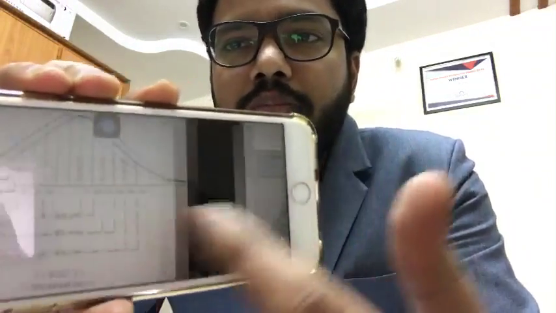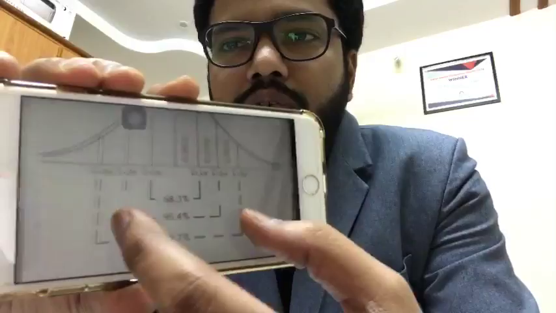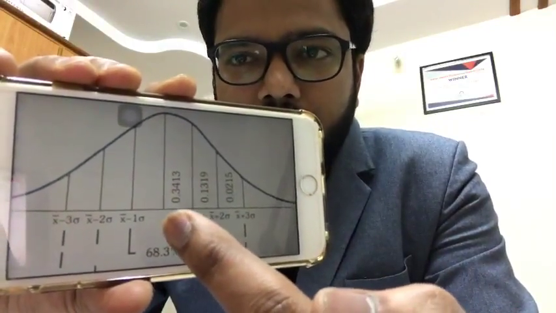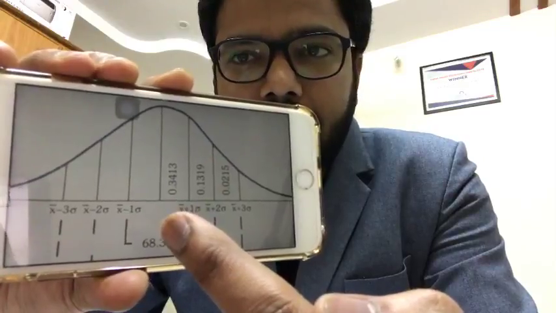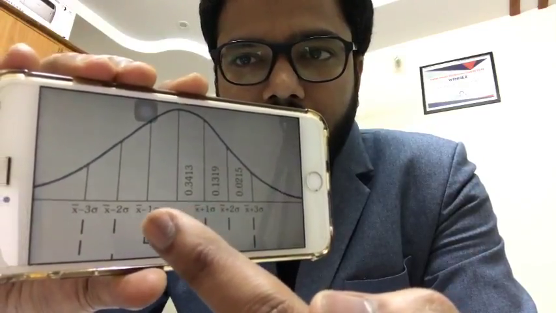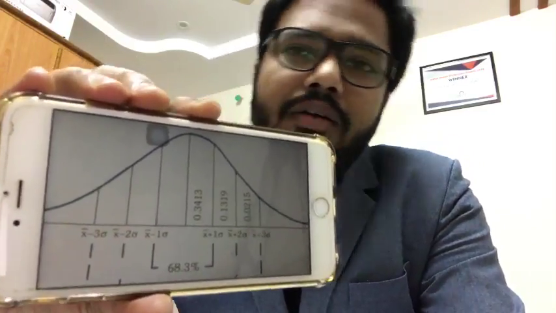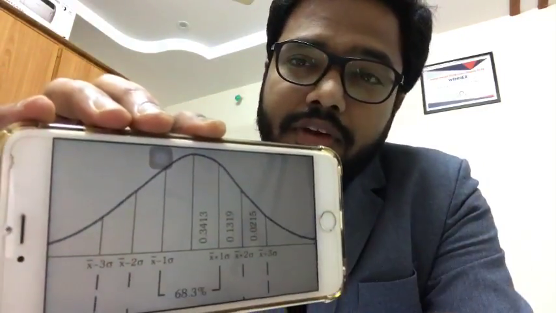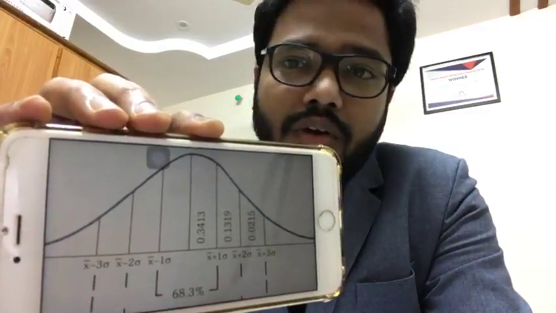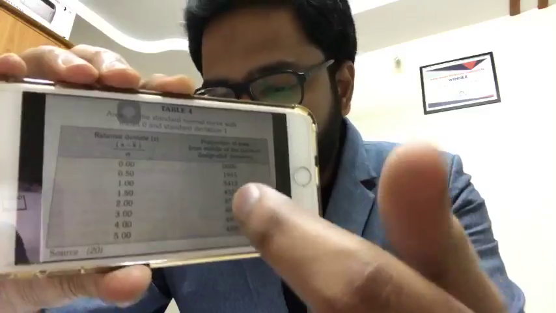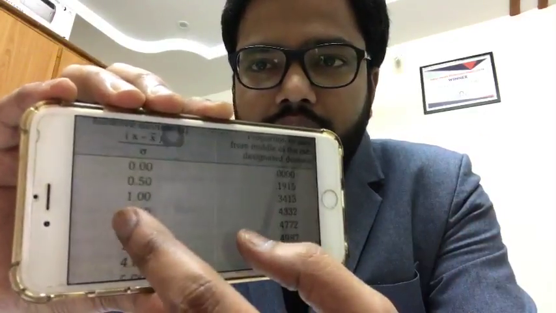So let me come back to the curve. This is the mean. If I say Z-score is 0, then we are exactly at the center. If Z-score is 1, Z-score is 2, Z-score is 3. So maximum we can have +3 Z-score if it is on the right, -3 Z-score if it is on the left, right? So Z-score gives us the number of standard deviations from the mean. Let's try to understand that now.